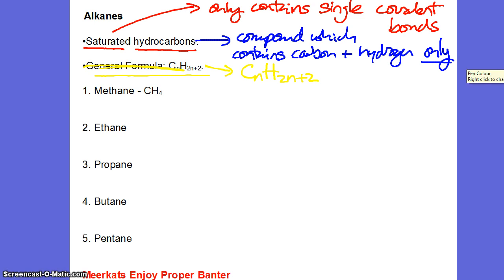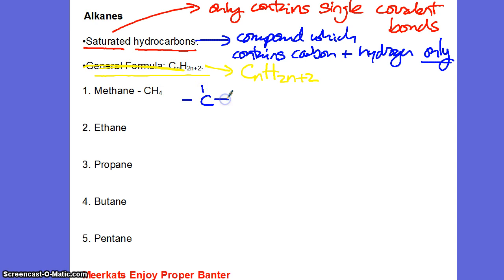So methane, 1 carbon, 4 hydrogens. So we have 1 carbon here. Now if you look at your periodic table, you'll see that carbon is in group 4. That tells you it's got 4 electrons in its outer shell. It needs 4 more electrons in order to complete its outer shell.